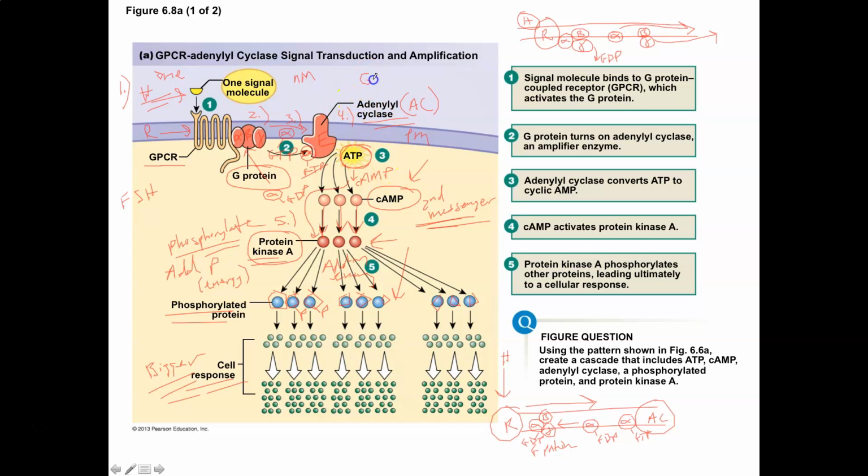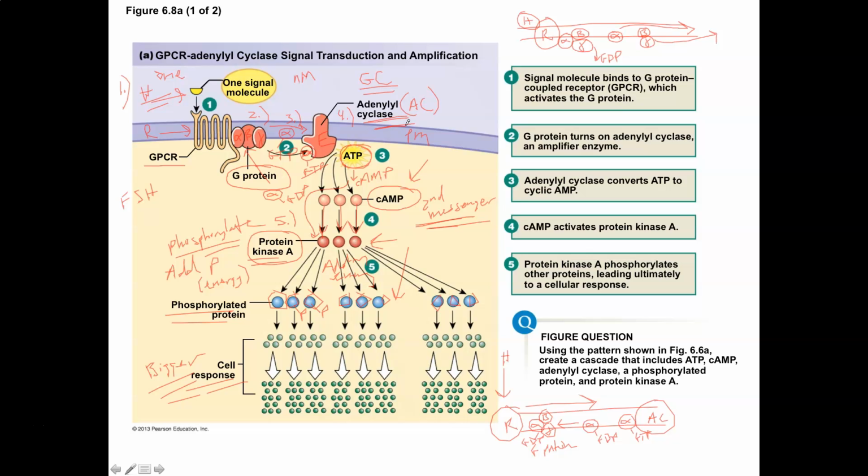It's referred to as GC, or guanylate cyclase, and it produces cyclic GMP. But the mechanism would be the same. So whether you're making cyclic AMP or cyclic GMP, it just depends on which enzyme you're using in the membrane, but the mechanism itself is still the same.